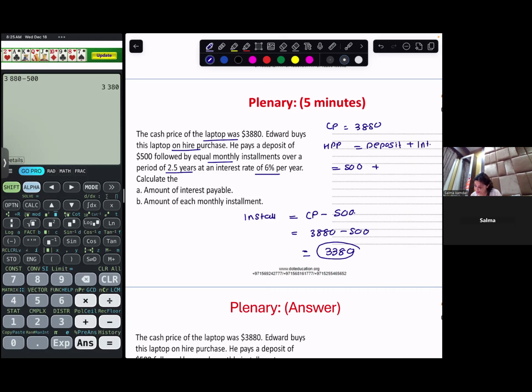This installment is going to be paid over a period of 2.5 years at an interest rate of 6% per year. So I will calculate my interest. Interest is PRN divided by 100.